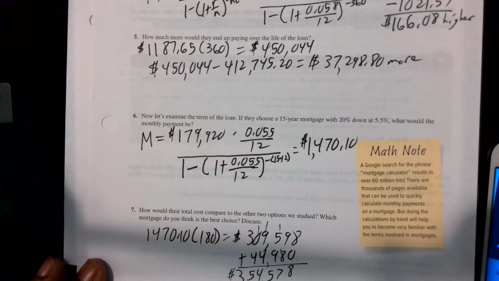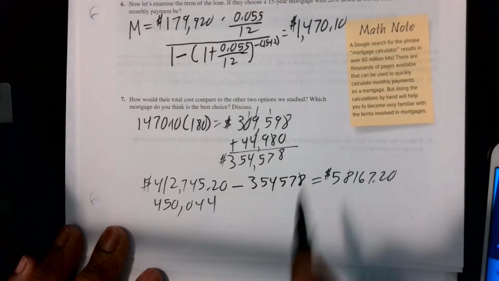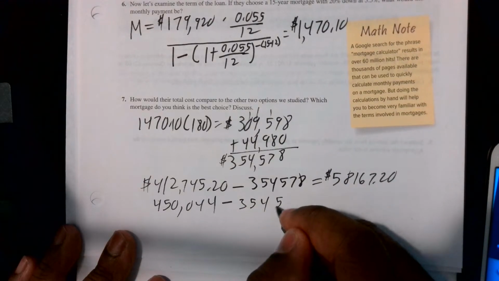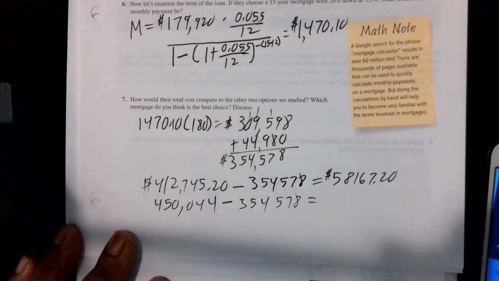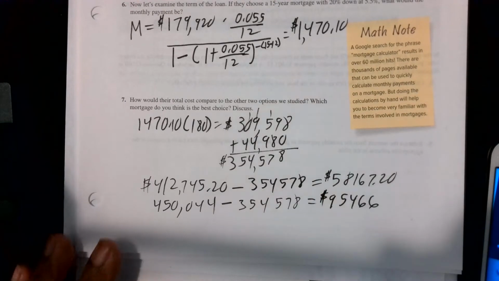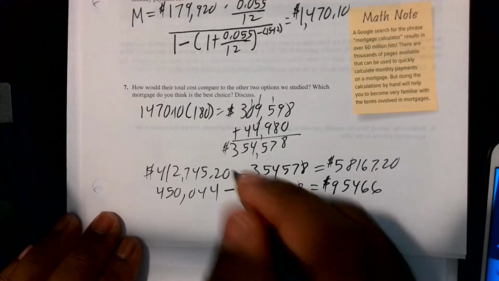Okay, so now we have the $450,044 minus the $354,578. And when we put that in our calculator, we would get a $95,466 savings.